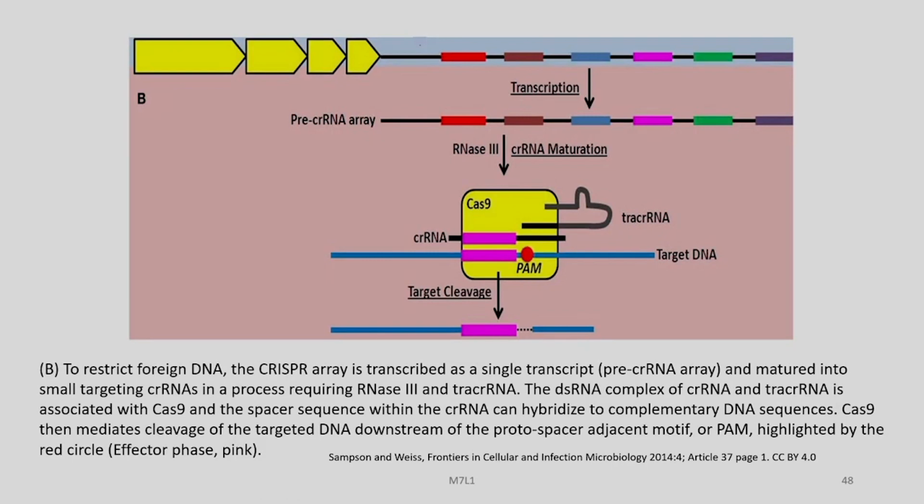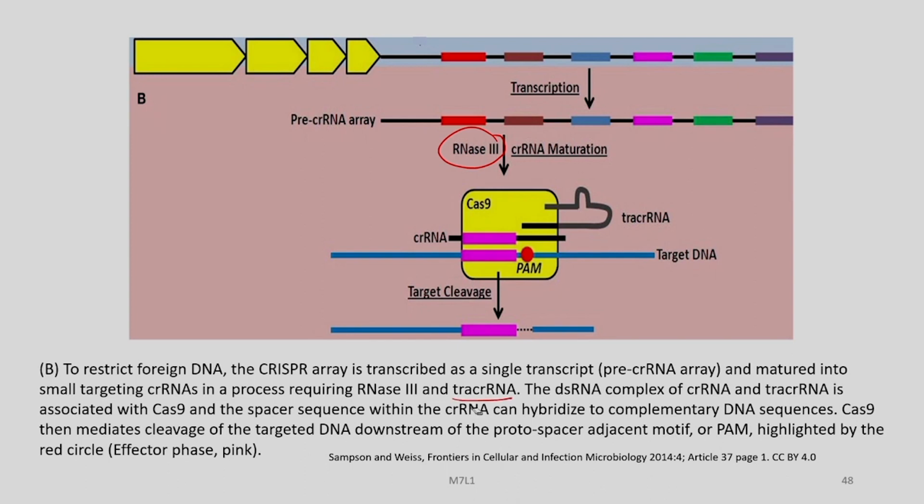So, to restrict the foreign DNA, the CRISPR array is transcribed as a single transcript, which we have already discussed, and matured into small targeting crRNAs in a process which requires RNase 3 as well as tracrRNA.